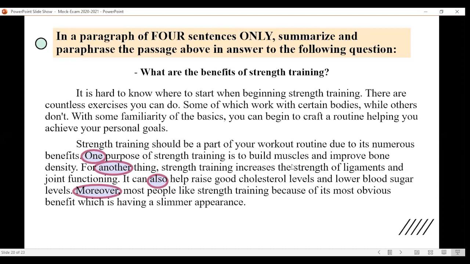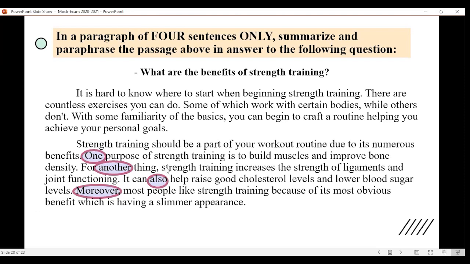It's up to me. And it is better for the bone density, instead of improve I say better. So it's important that you change at least some of the verbs or the nouns. We don't copy exactly as it is, because if you copy paste you will not get any marks. If you change just one word, you will get the mark.